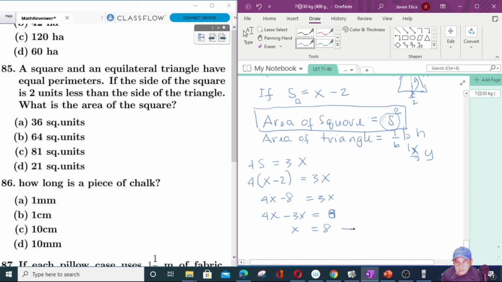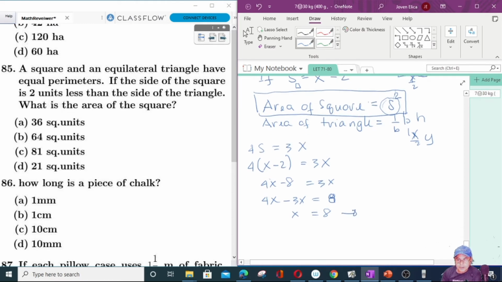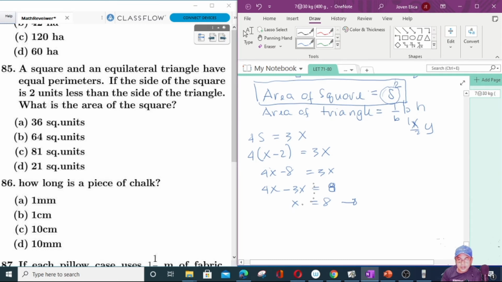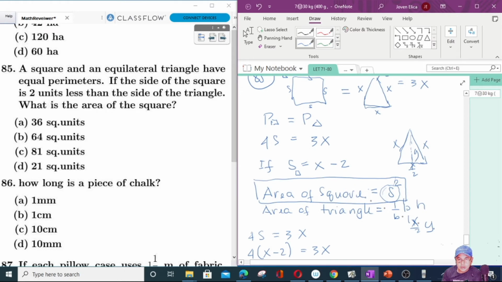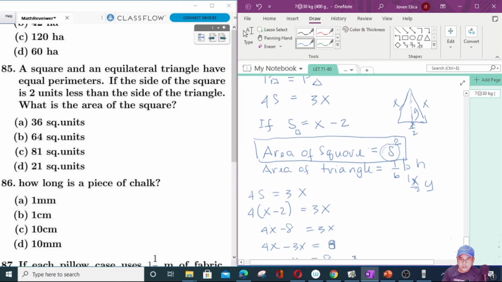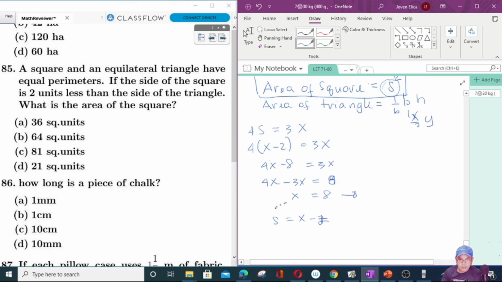Now, since we know the value of x, we can substitute it into s equals x minus 2. So s is equal to 8 minus 2, s is equal to 6.